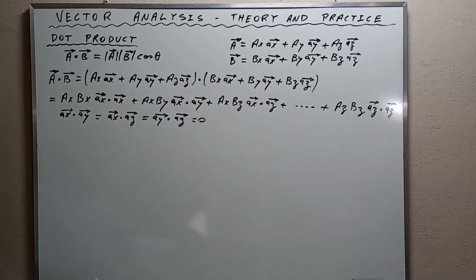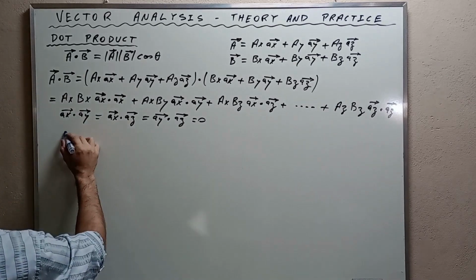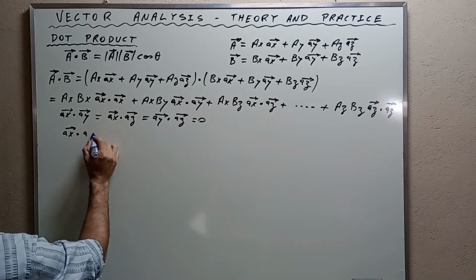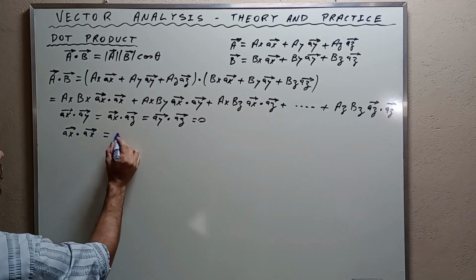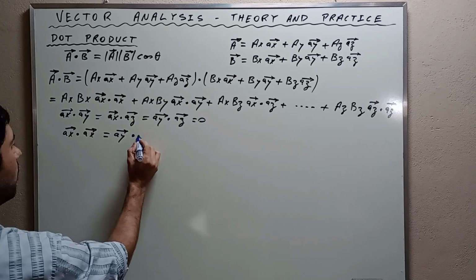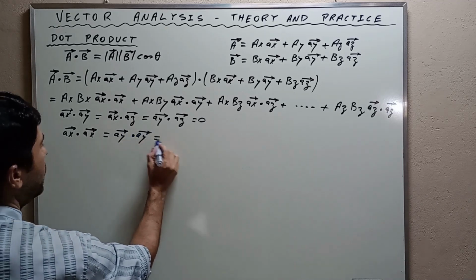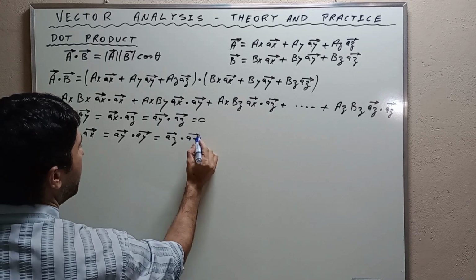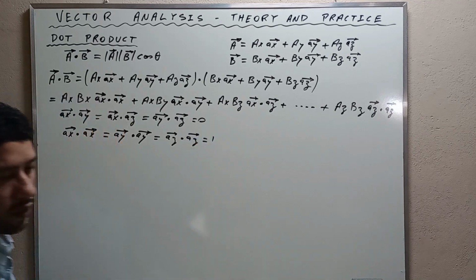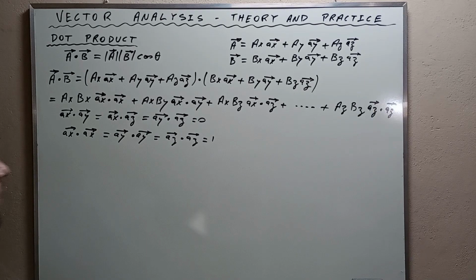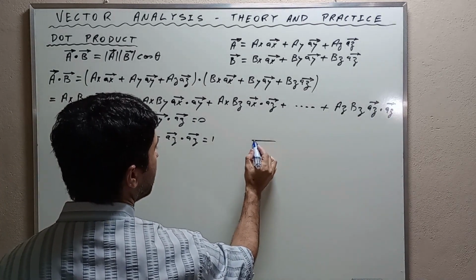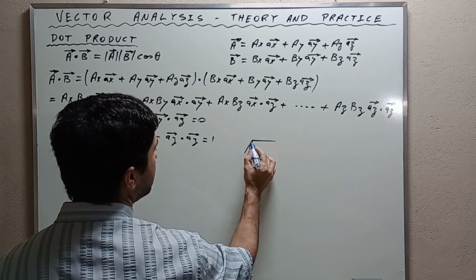In a similar way, AX dot AX is equal to AY dot AY, which is equal to AZ dot AZ. And this is equal to 1 because the cosine... Let's suppose that AX is here.